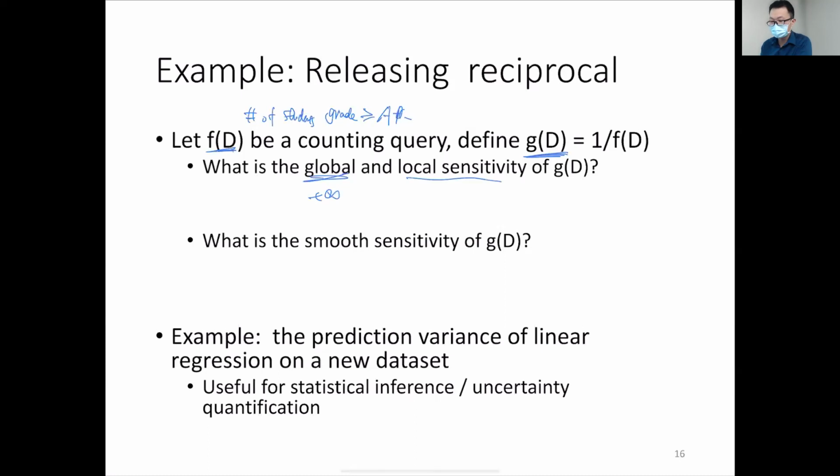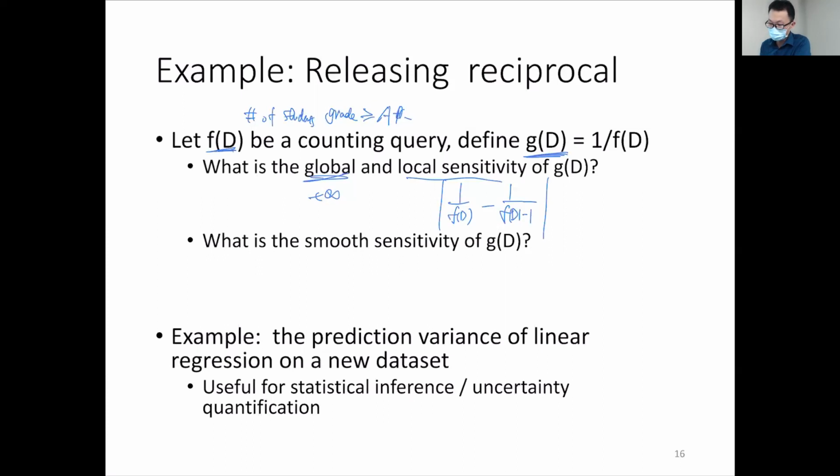How about the local sensitivity? It is the absolute value of 1 over f of d minus 1 over f of d minus 1, right? So that's the local sensitivity of g of d.